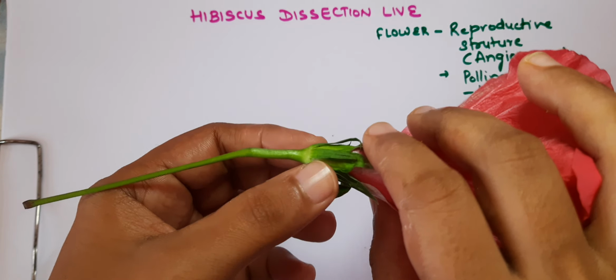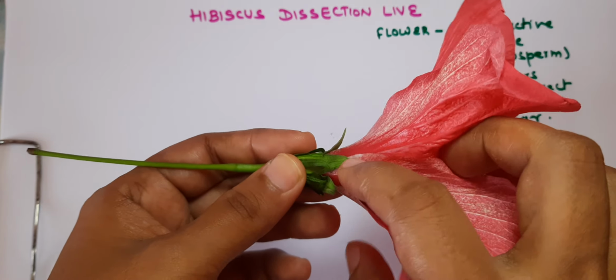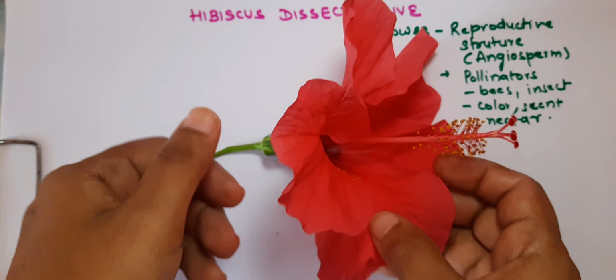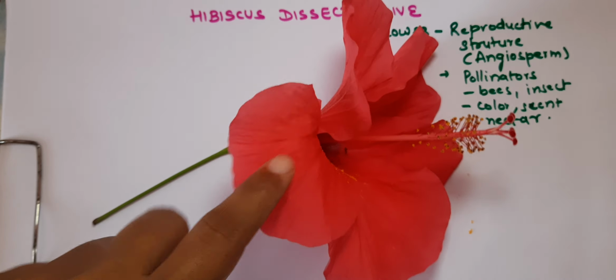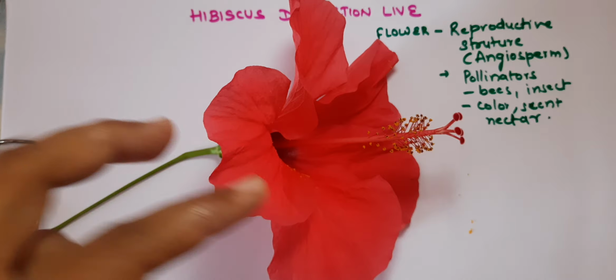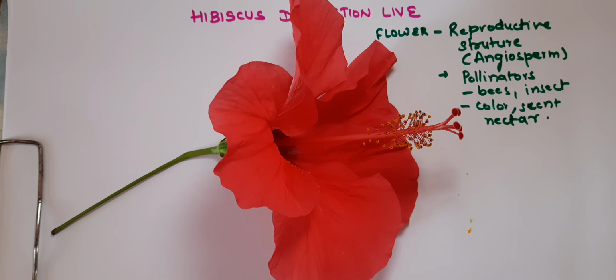They are not separate at the basal portion, they are fused together. The main purpose I already told you: this red vibrant color is used for attracting the pollinators, and it also protects the internal reproductive structures.